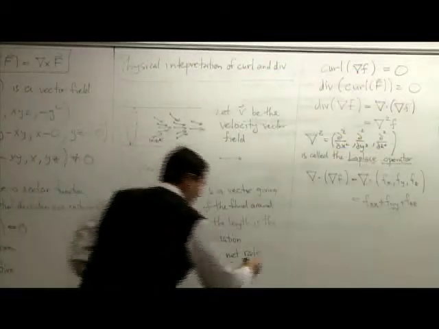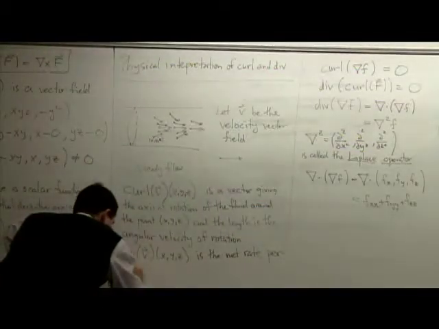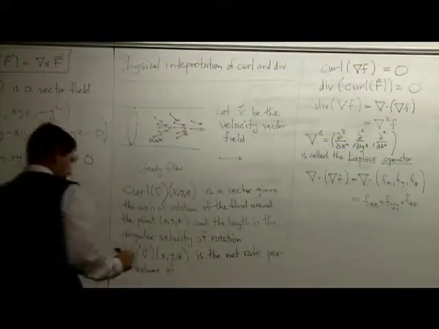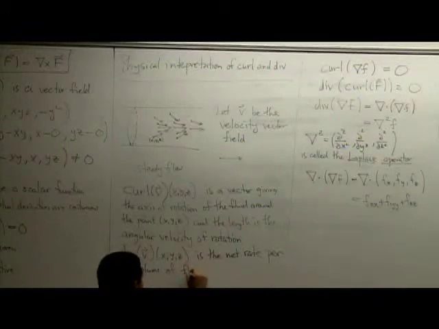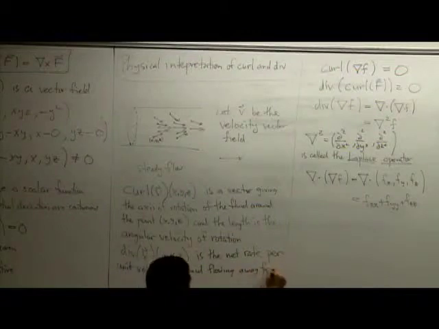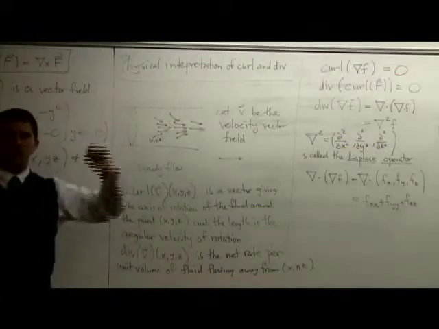So this is the net rate per unit volume of fluid flowing away from x, y, z. So you pick that point and you say, okay, how much fluid is flowing away from that point?